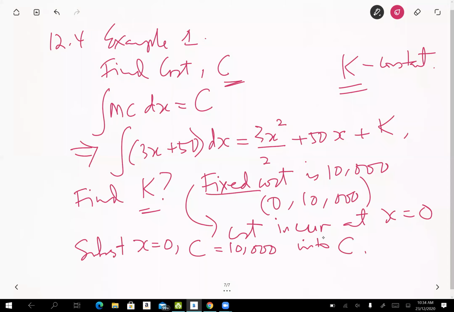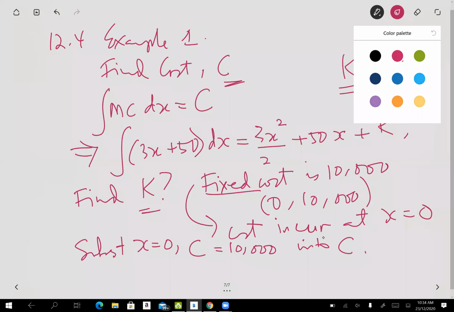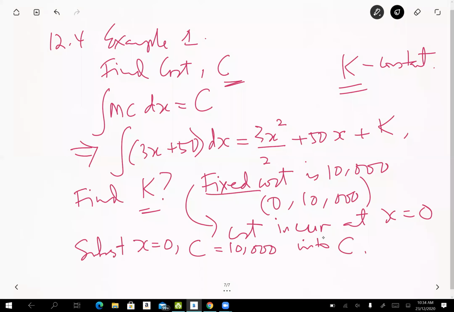So here, I didn't write the thing. We should use this. Either you write here that's the cost, or after you get the integral, you say the cost function c is equal to 3/2x squared plus 50x plus k.